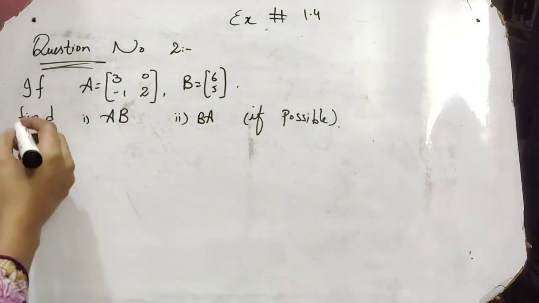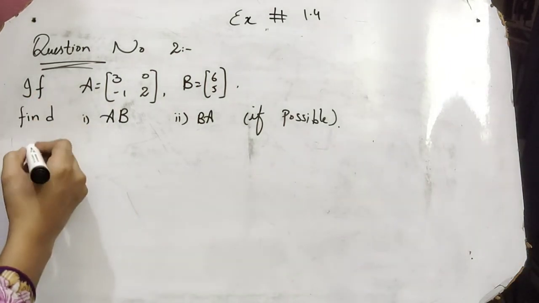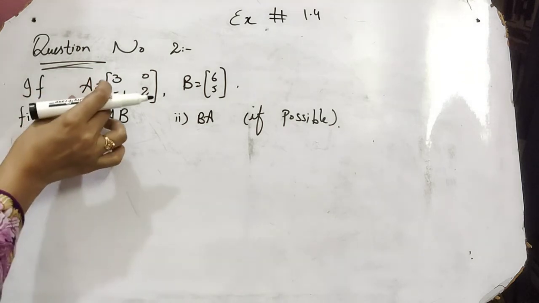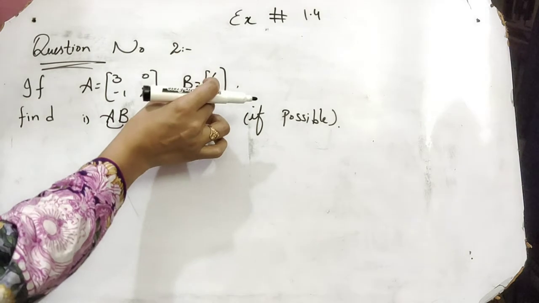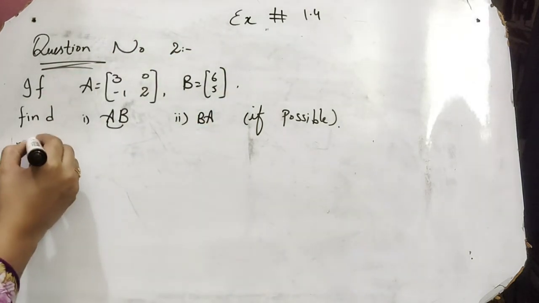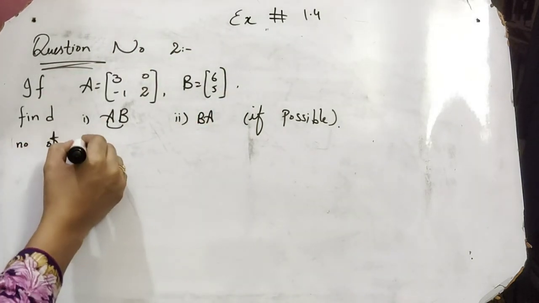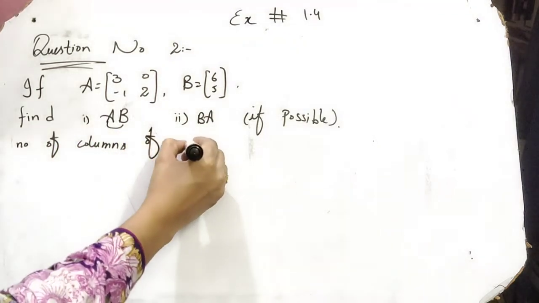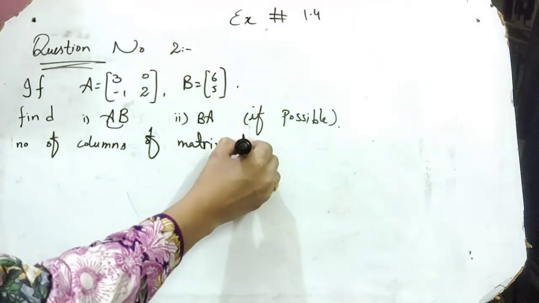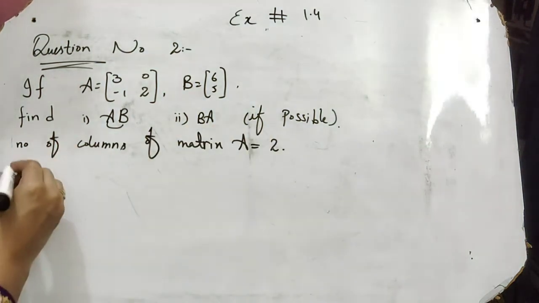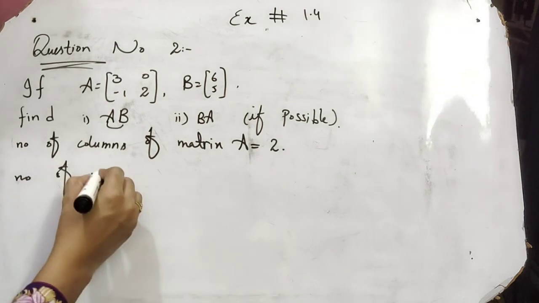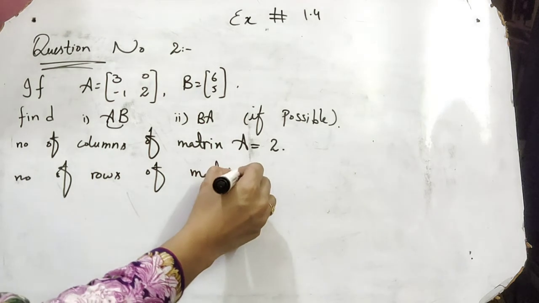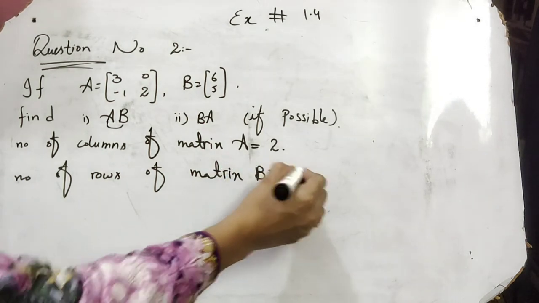First we find AB. To find AB, we should know what the number of columns of matrix A is and what the number of rows of matrix B is. So the number of columns of matrix A is equal to 2, and the number of rows of matrix B is equal to 2.